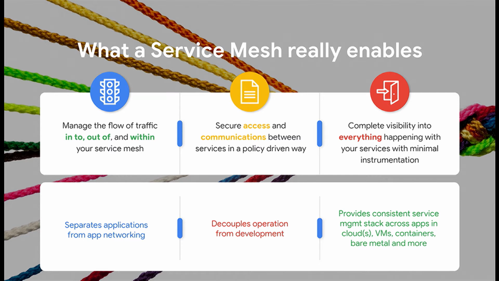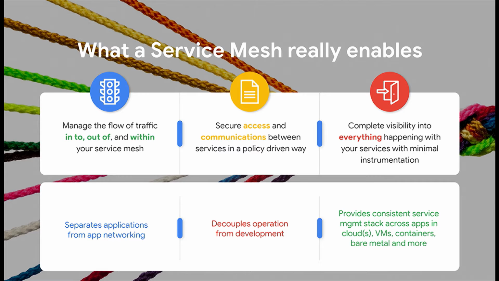So if you think of it, we spoke of the mechanics of what your service mesh enables. But what it really enables you to do is manage the flow of traffic coming inside, within your mesh, and going out of the mesh. What it also lets you do is it gives you full control on the security aspects of service A communicating with service B, and for all of the services in your mesh.